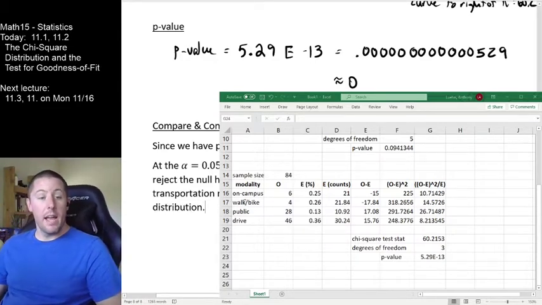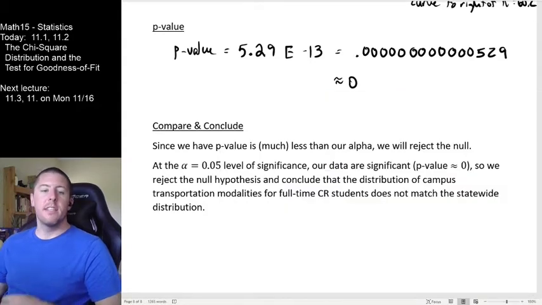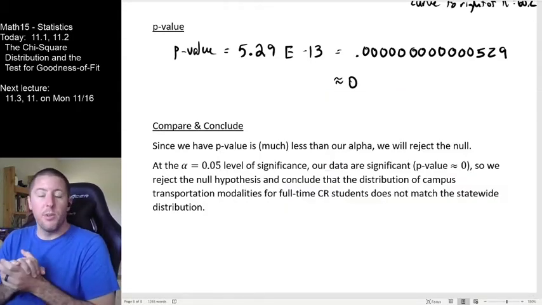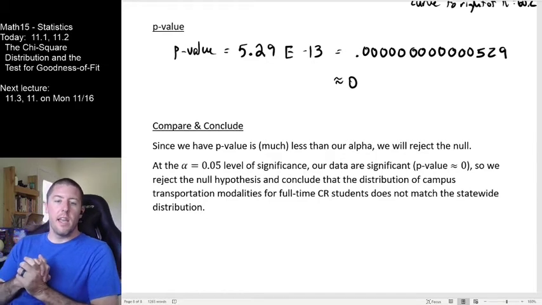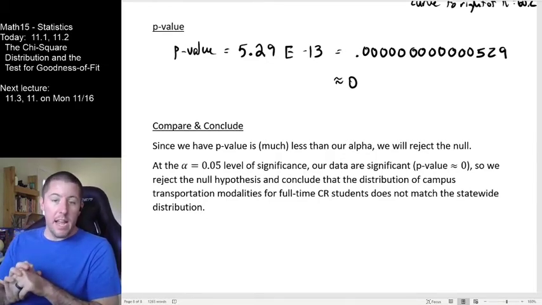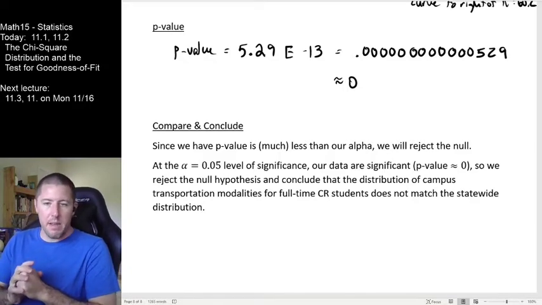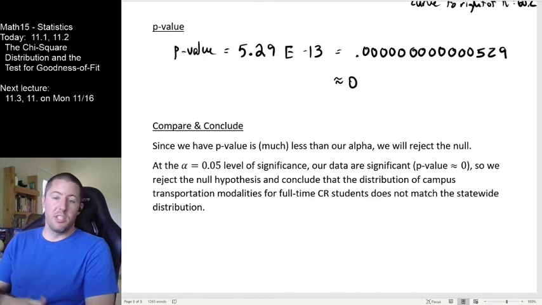So again, we asked ourselves, does CR's distribution match the statewide distribution? Oh, sorry, I left that blocked. There's my conclusion right there. Since we have a p-value less than alpha, we will reject the null hypothesis. Our conclusion, saying at the alpha equals 0.05 level of significance, that was given to us in the problem, our data are significant. We have a statistically significant difference from what we expected to see with a p-value that's essentially 0.